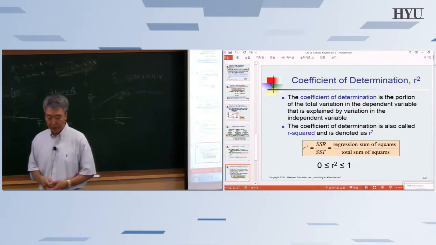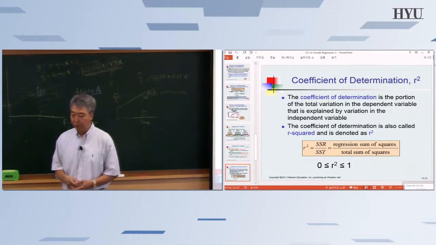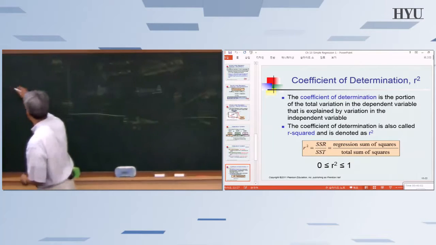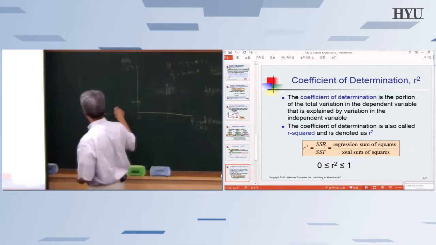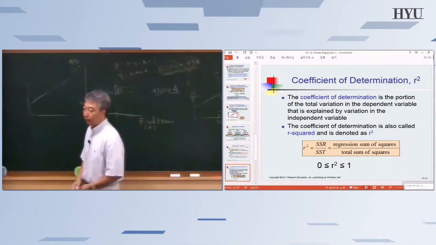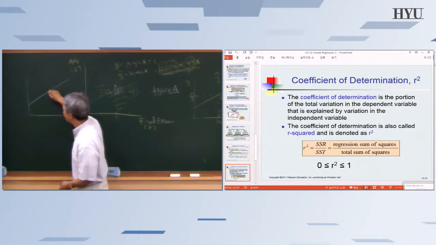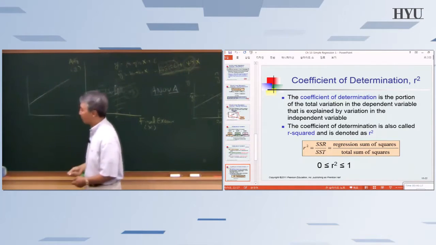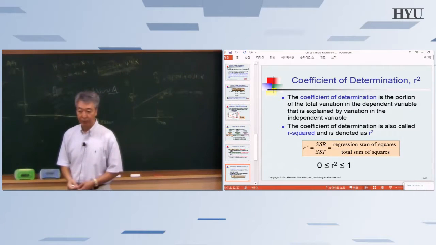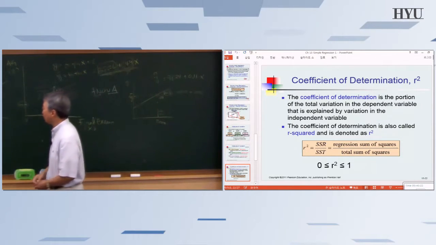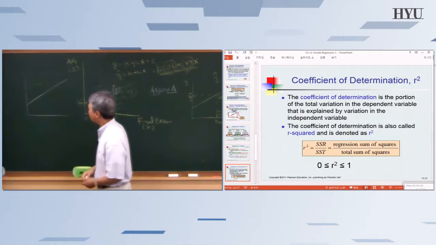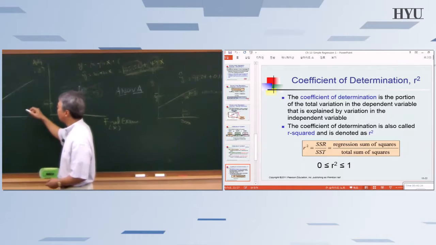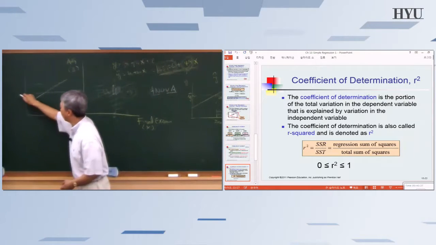In that sense, it makes sense. Think about it. If the data points are scattered right around the regression line, there's not much variation. Let's say this is y bar.